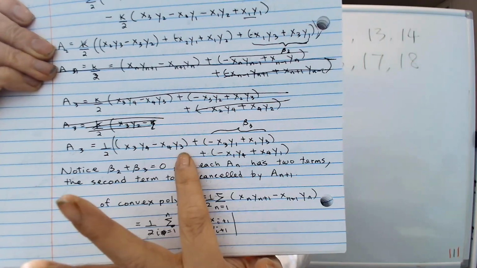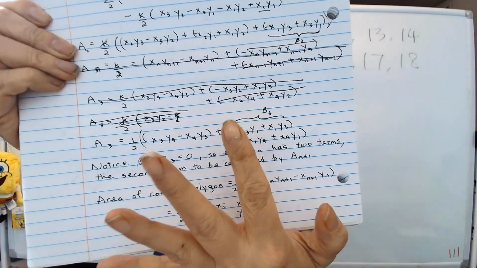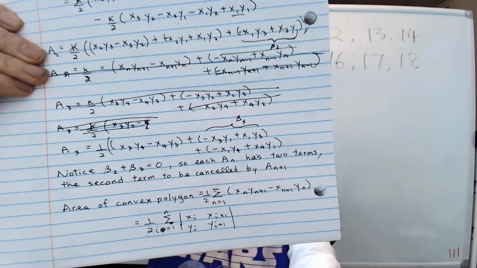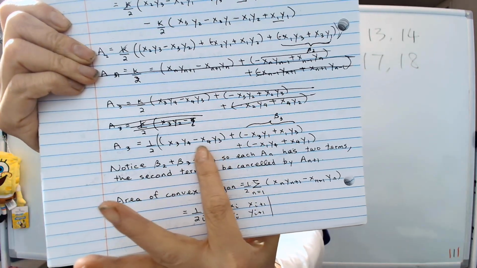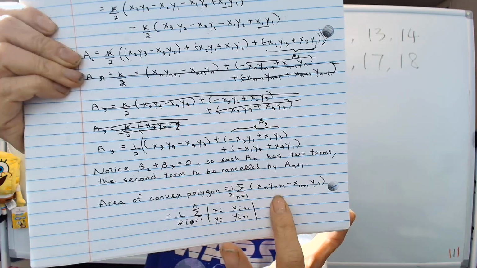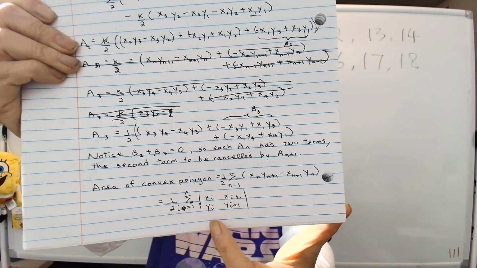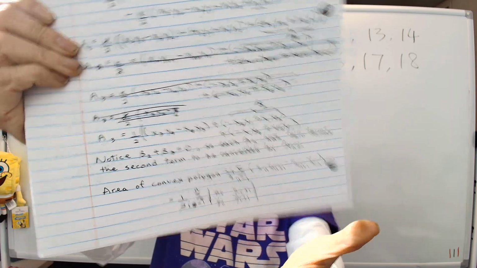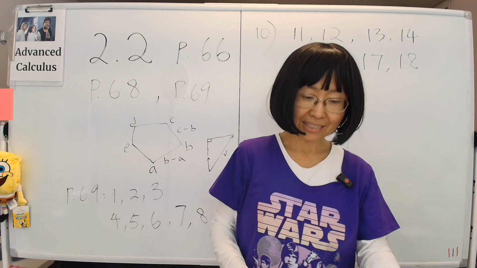The first one is what stays, because the next one gets canceled out in the past, and the following one gets canceled out in the future. So all we have is the first term left, this thing right here, and don't forget the 1/2. And by the time we look at it, that is the same as the determinant the book wants, and that is the end of the proof, and that's the end of this section.